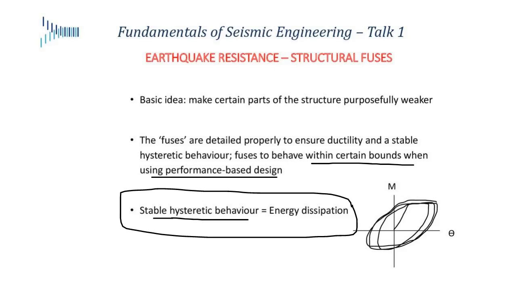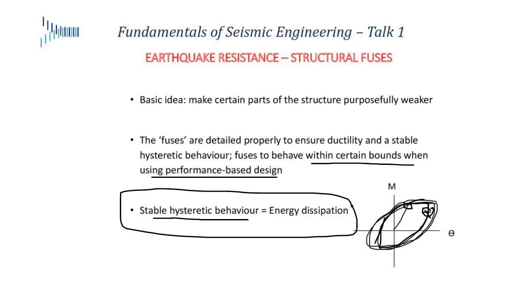So I go up, and then something yields here, and the earthquake reverses its direction. Now it comes down, and now it yields on the other side, and now the earthquake direction reverses again, and you start to see these loops happening. Well, as long as you can keep these loops going without your section just rupturing somewhere, you've done a good design.